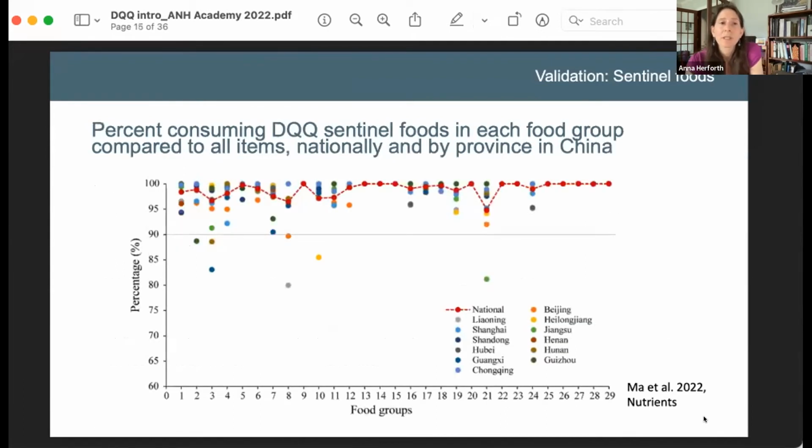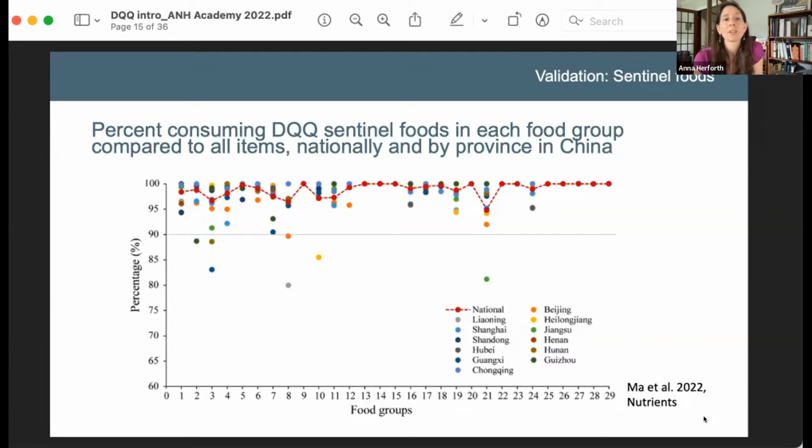One of the papers from this study that has been published recently is from China, where we were more concerned than in many other countries, because it's such a big, diverse country that it seemed it might be difficult to choose a short list of foods that would actually capture most people. But in fact, it does work. You see in the red line the proportion of the population at national level that is captured by the items in each DQQ question.